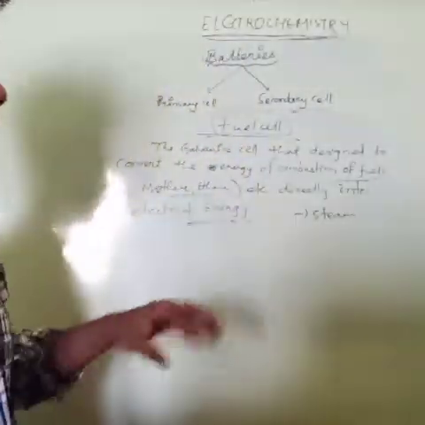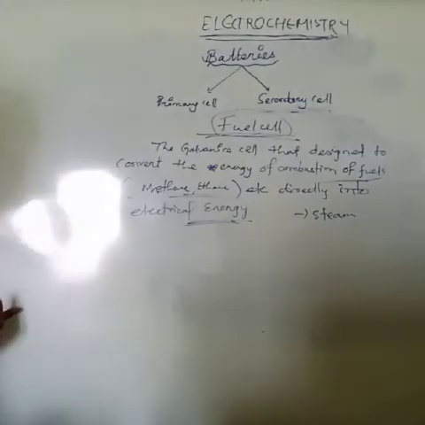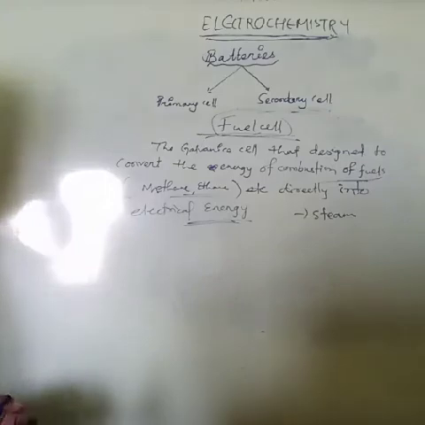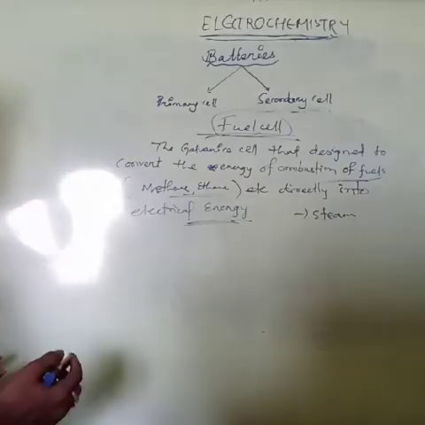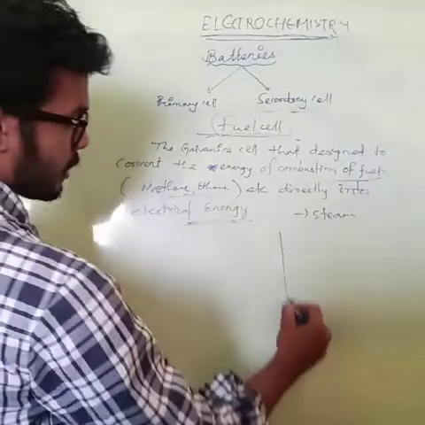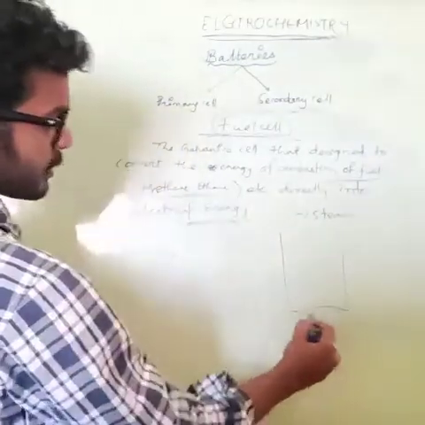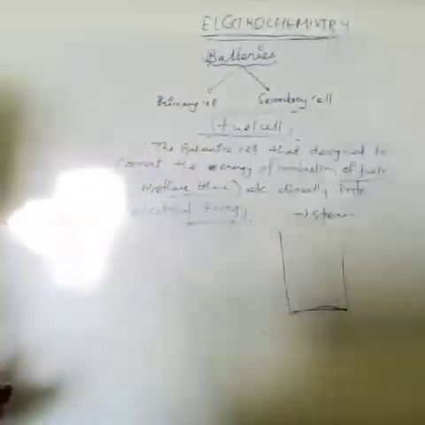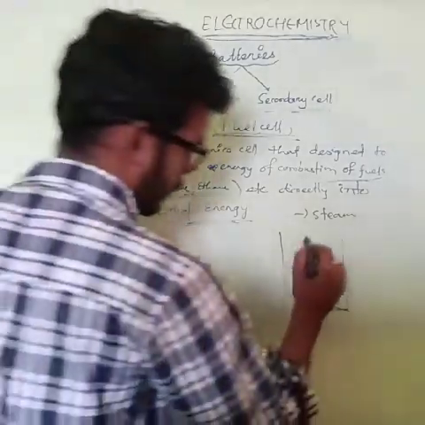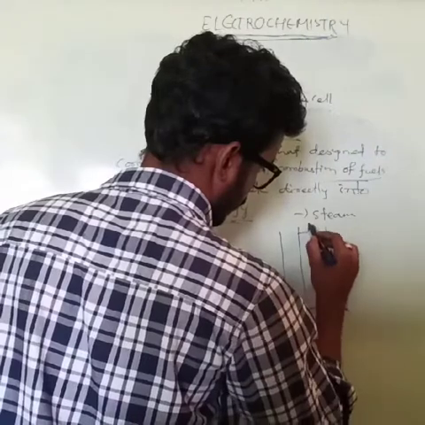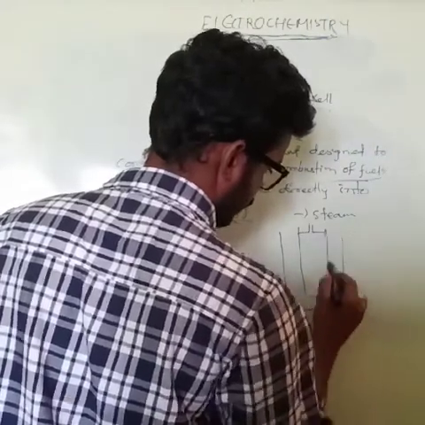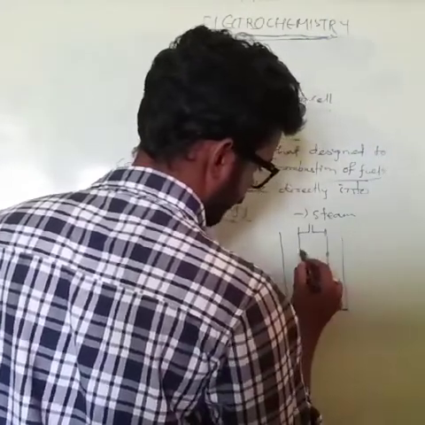Okay, so what happens in a fuel cell again? If you go to the construction part, this is nothing but about your hydrogen and oxygen only. So there is a cell like this, a wall like this, okay. Here water, these are normally porous.